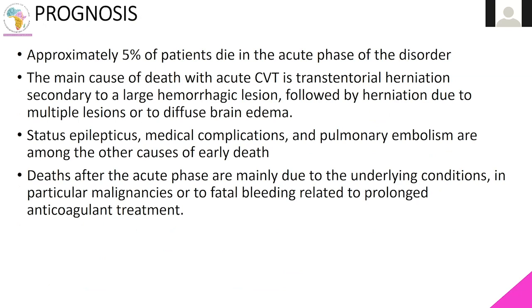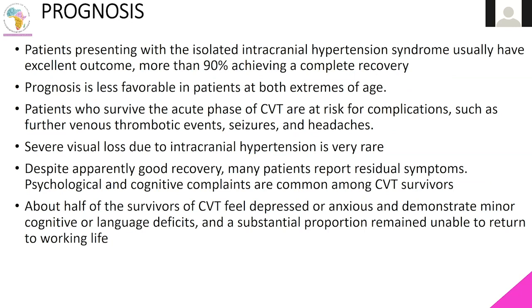Status epilepticus, medical complications, and pulmonary embolism are among the other causes of early death. Deaths after the acute phase are mainly due to underlying conditions, in particular malignancies, or to fatal bleeding related to prolonged anticoagulant therapy. Patients presenting with the isolated intracranial hypertension syndrome usually have an excellent outcome, with more than 90% achieving a complete recovery.